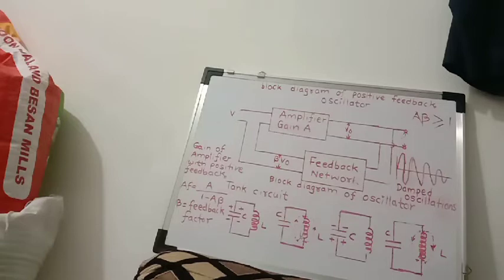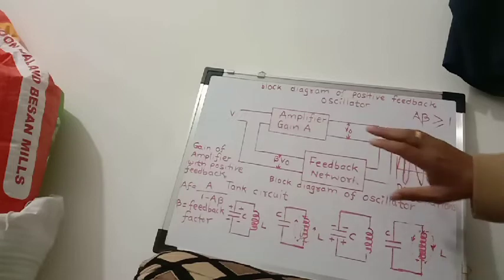The feedback should be positive, and the total phase shift from the input of the amplifier through the feedback network back to the input terminal should be 0 or 2 pi.